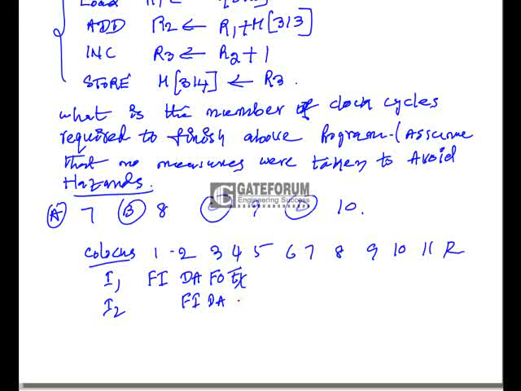Here we have to wait, because after execution of the instruction only we will come to know the R1 value, because the R1 value should be added. After decoding, for execution the operand is required, so we have to wait. So fetch operand, then execute.